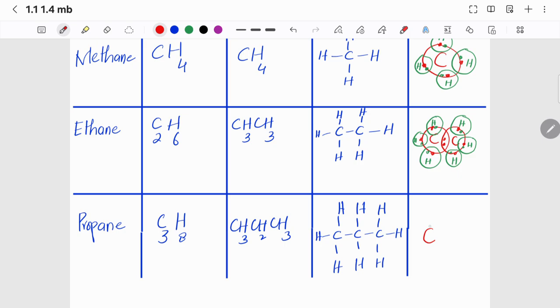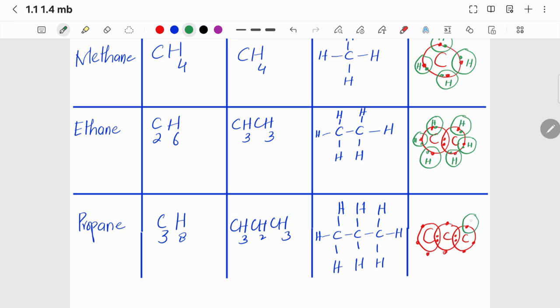Now I will draw 3 carbon atoms like this. Each carbon atom is sharing one pair of electrons. This one would have 3 more electrons. This would also have 3 more electrons, and this one would have 2 more electrons.